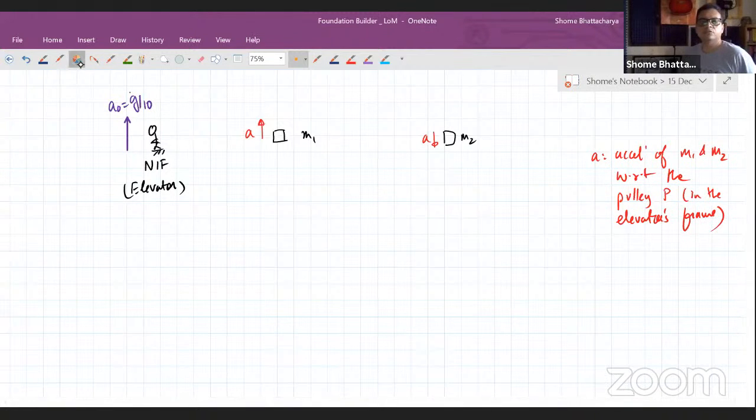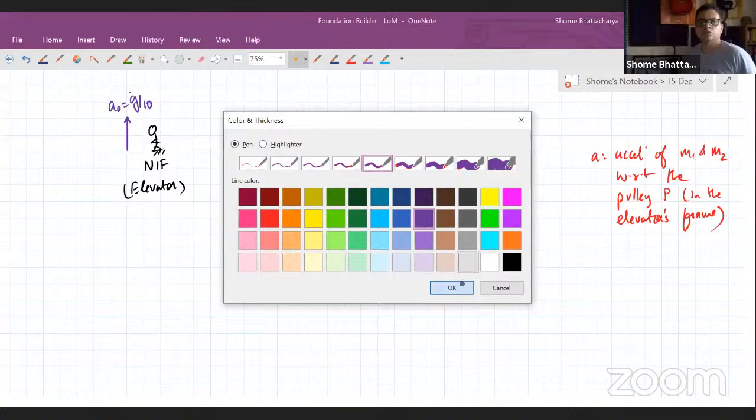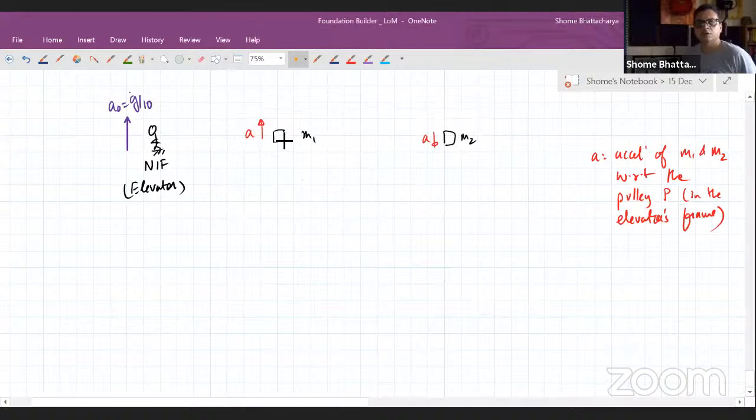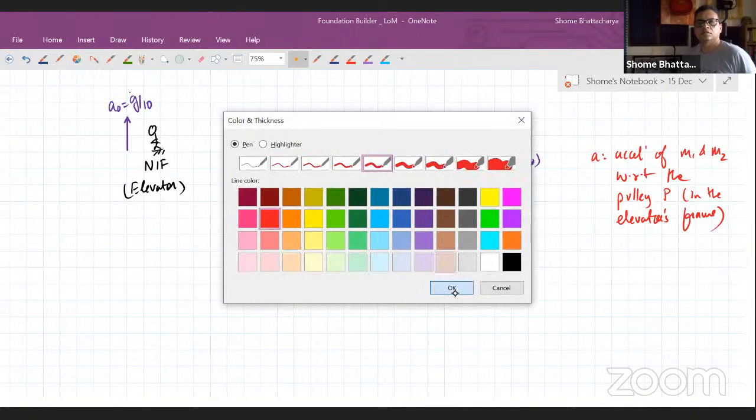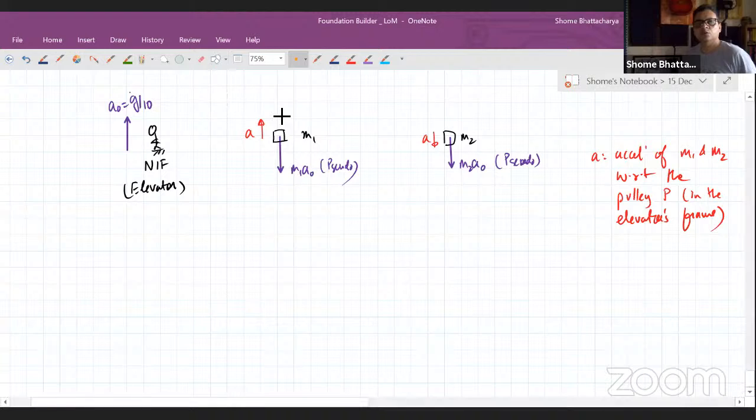Okay. Now in this frame, of course, the pseudo force acting on each one will be downwards because the acceleration of the frame is upwards. So there will be a pseudo force on each of the blocks: M2 a naught, which is the pseudo force on this one, and M1 a naught, which is the pseudo force on this one. Then of course there will be tension, which is acting vertically upwards on each of the blocks.